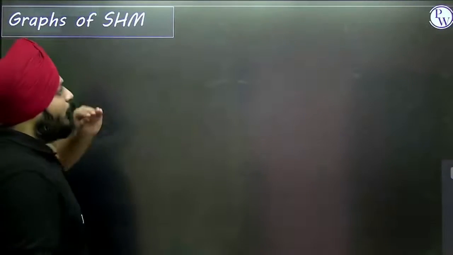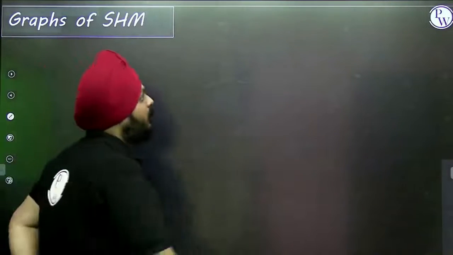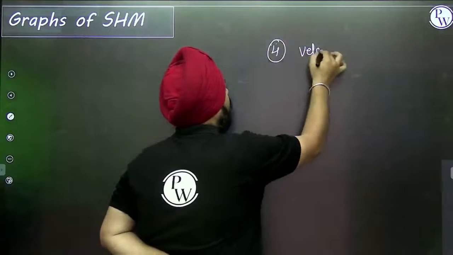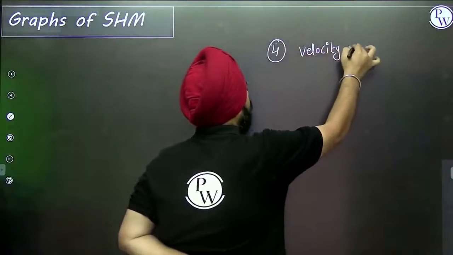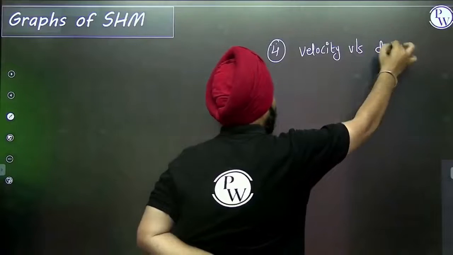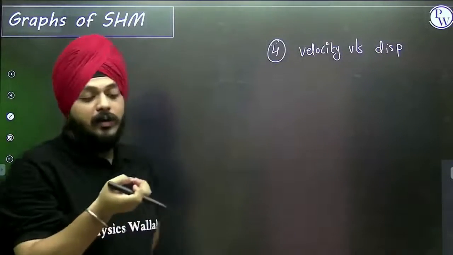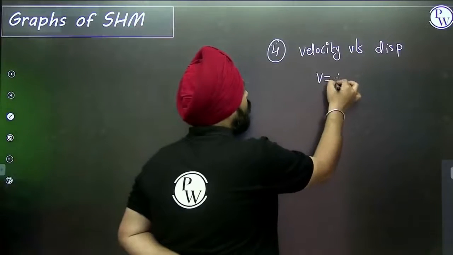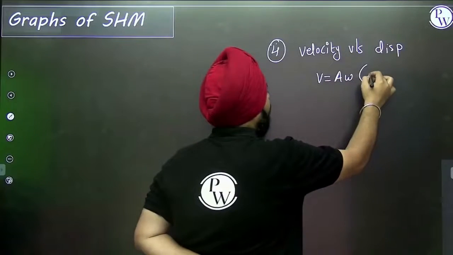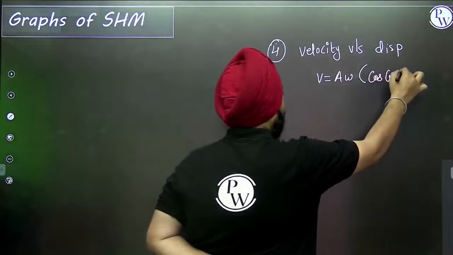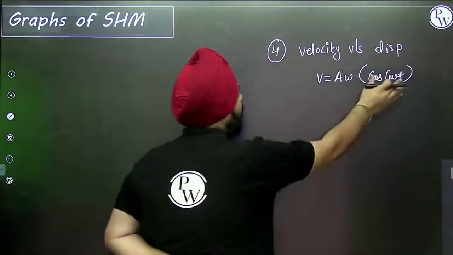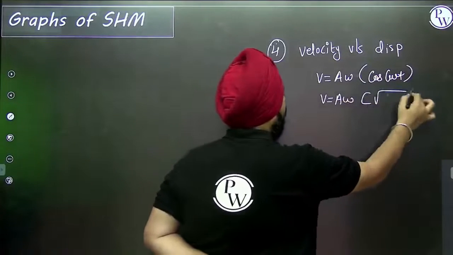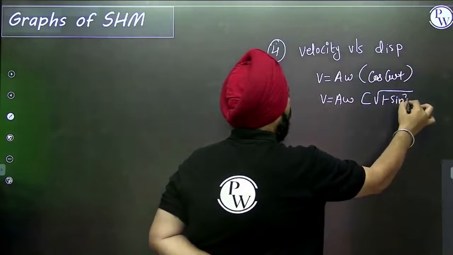Now let's move on to the fourth one, the velocity versus displacement graph. We saw V is equal to A omega cos of omega t. If we want to replace this term, we can replace cos omega t as under root of 1 minus sine square omega t.